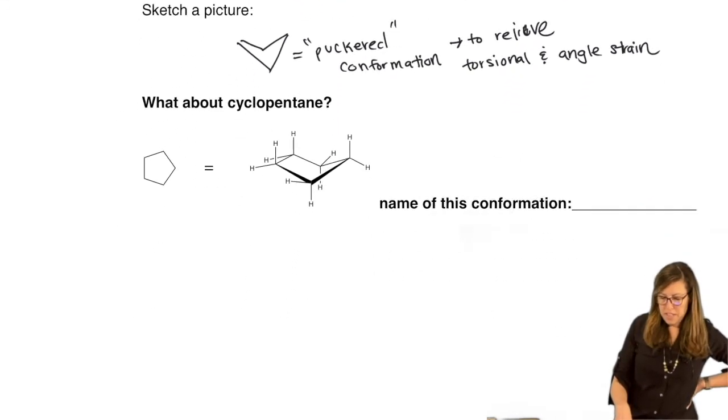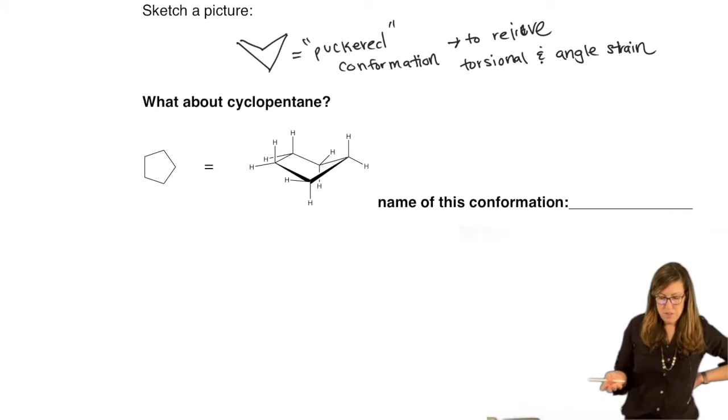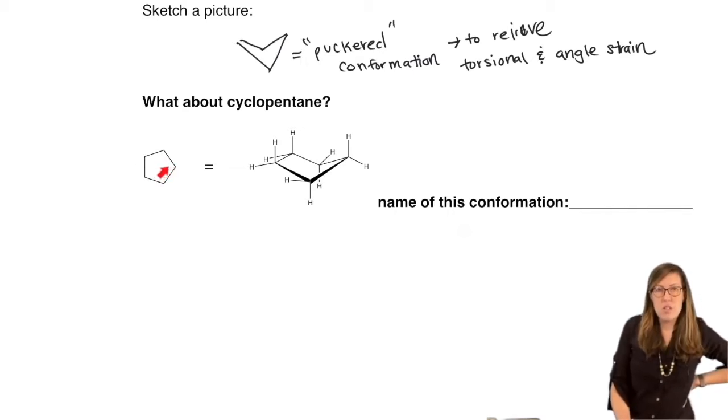5-membered ring, once again, does a similar thing. So notice that we have cyclopentane, but it doesn't stay planar, because if it stayed planar, all the H's would be eclipsing, and the bond angle would not be the ideal 109.5. So it does adopt this, it's called an envelope conformation.